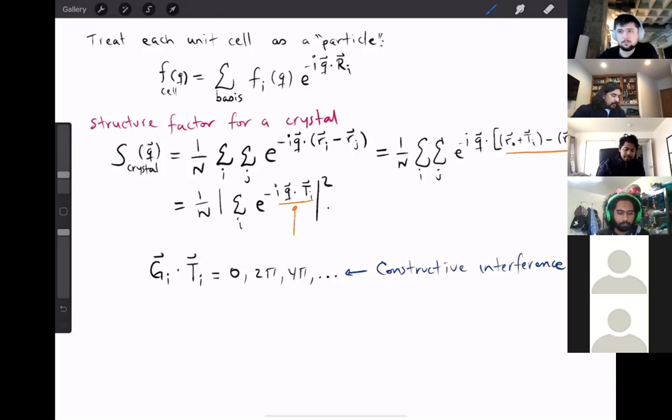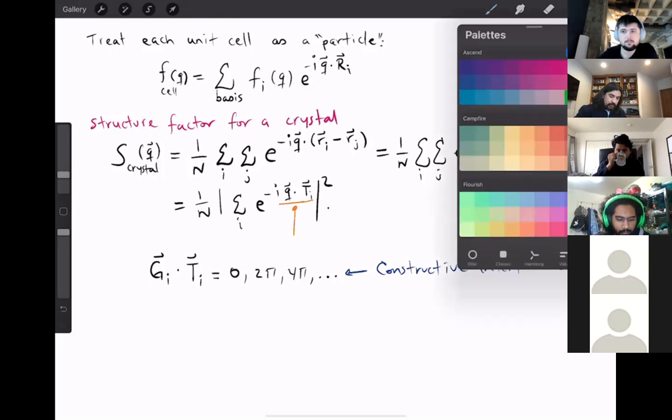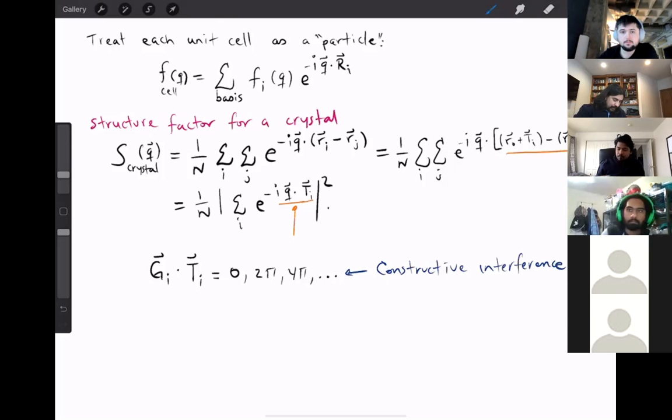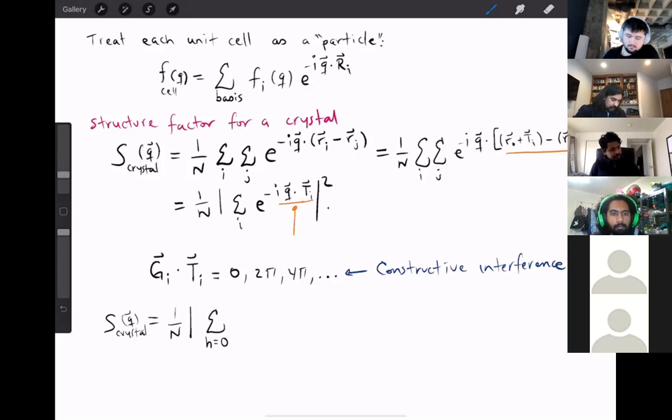In fact, this is three-dimensional. So I can rewrite this as a function of Q, and in this case I will have 1 over N, and I'm going to have three indices. So we start with h equal to 0 to N1 minus 1, and then I have e to the ih Q dotted with A1.